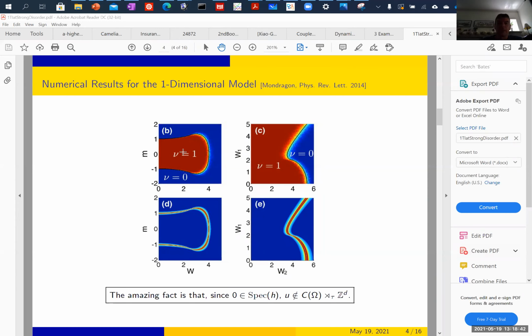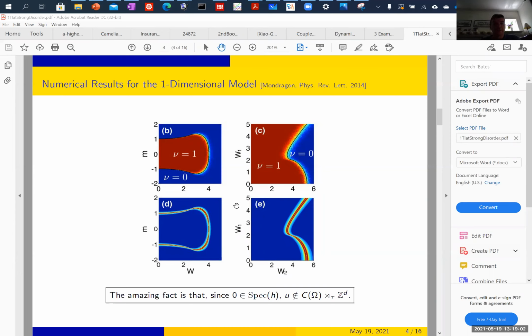Nigel explained in his first talk, and you see that quantization, mu equals 0 and 1, happens all the way to the boundary, where exactly the change occurs exactly where the localization length diverges.